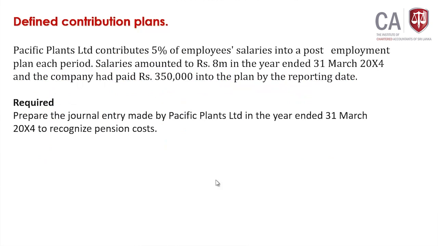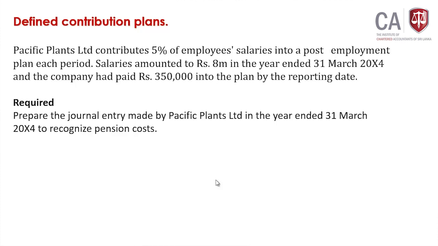Example: Pacific Plants Limited contributes 5% of employees' salaries into a post-employment plan each year. Salaries amounted to 8 million in the year ended 31st March 2004 and the company had paid 350,000 into the plan by the reporting date.